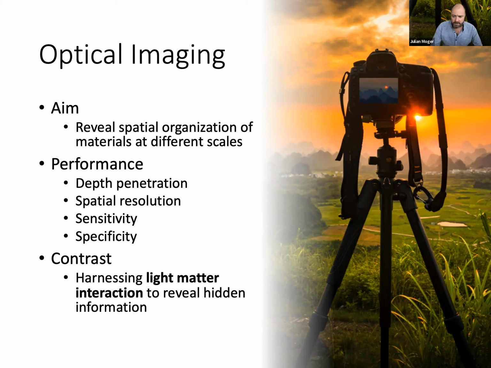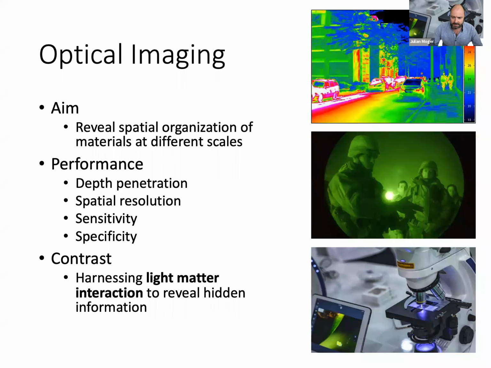So we've evolved to interpret this image and to naturally understand how light interacts with materials. But obviously, as physicists, we know that the electromagnetic spectrum extends beyond the visible range, and we can take images at different regions of the electromagnetic spectrum. So we can use thermal imaging, we can image in the infrared to look at heat maps.